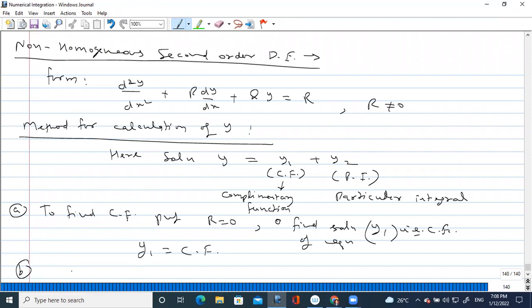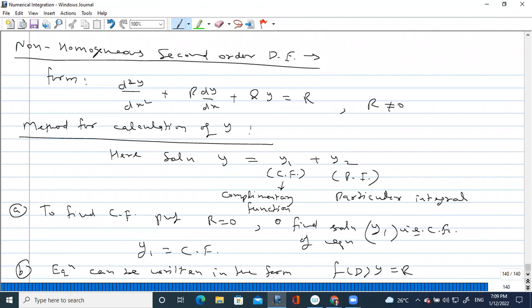Number B. Now the equation can be written in the form f(D) y is equal to r.